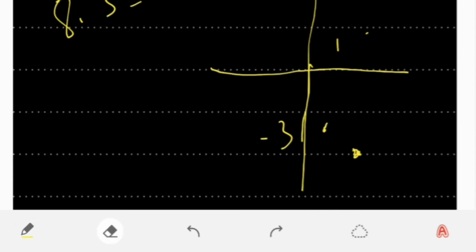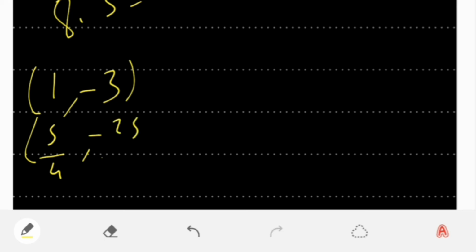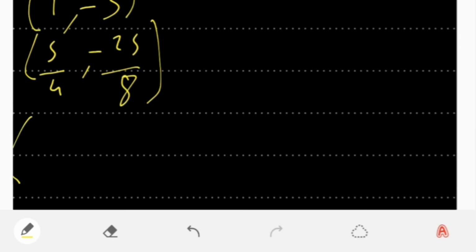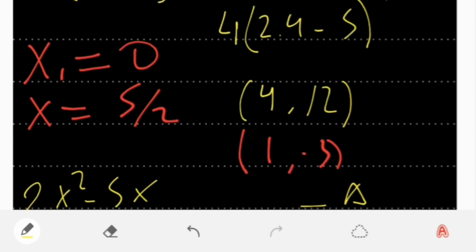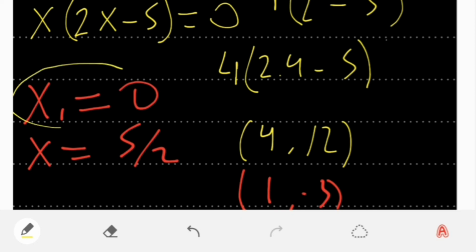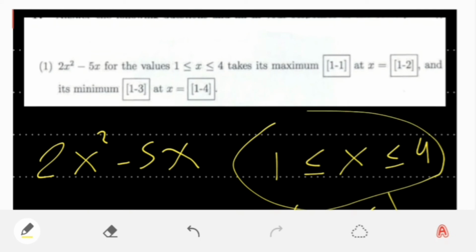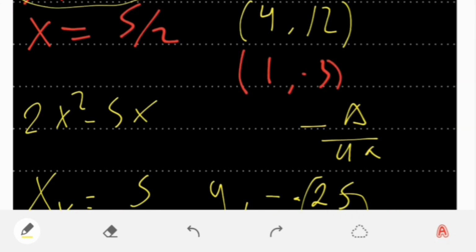So just so it makes more sense, look, we have some points. 1 and minus 3 when we have x equal to 1. 5 divided by 4 and minus 25 divided by 8. And the other point is 4 and 12, okay? So these are our critical points that we found. Now you might argue, why this point over here, it cuts in the 0, but it doesn't matter, okay? So how do we go on solving this?